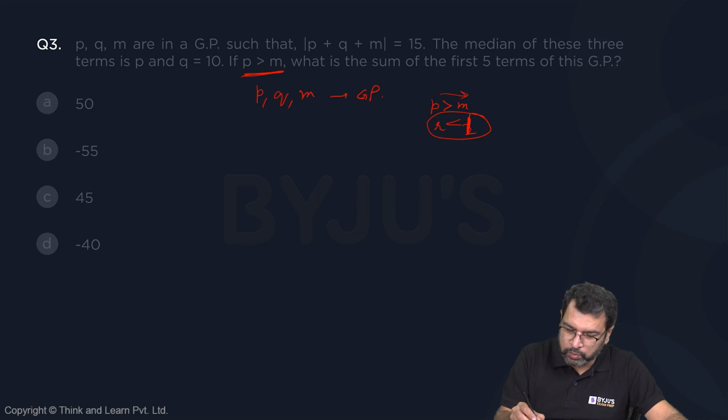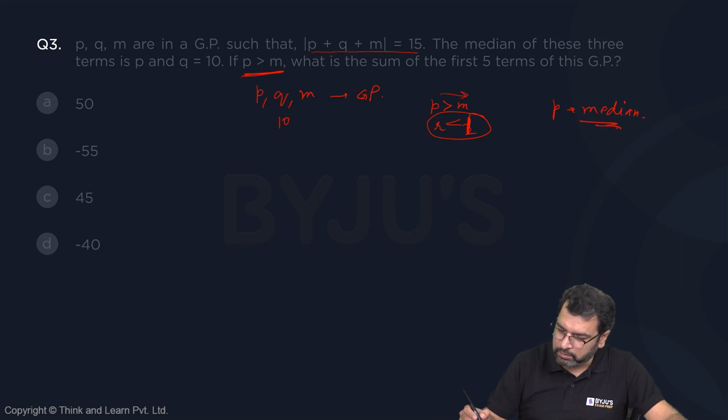Now, Q is equal to 10. Also, mod of P plus Q plus M is equal to 15, right? And the median is P. P should be median. Okay. Now, if mod is 15, first case, can we say that P plus Q plus M is equal to 15?